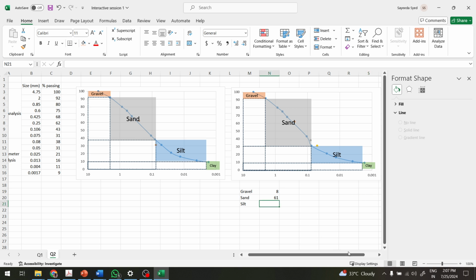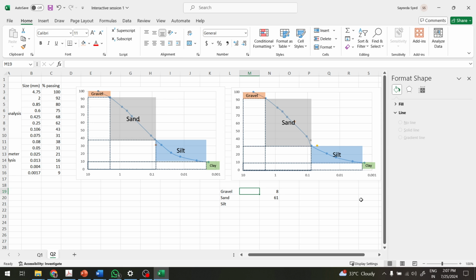Okay, so the silt will be 0.002, is that almost 10%. So it will be 61 minus 10. Sorry, 31 minus 10.